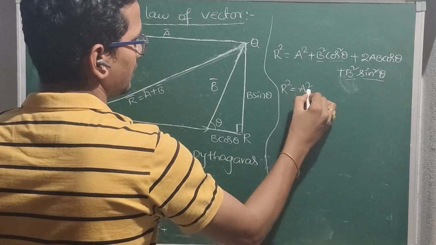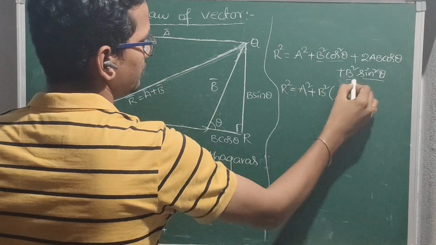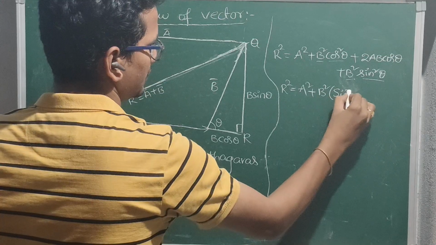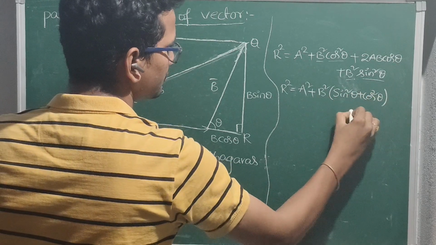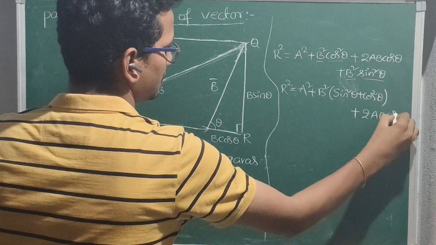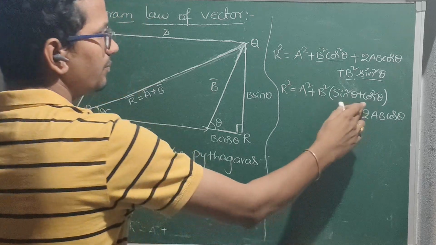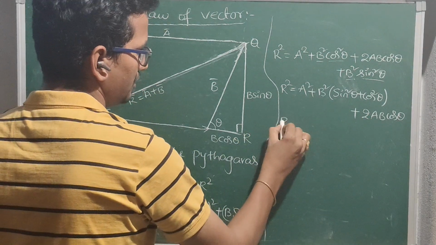R square is equal to A square plus B square times sin square theta plus cos square theta, plus another term 2AB cos theta. Sin square theta plus cos square theta is equal to 1, a trigonometric identity we already discussed.